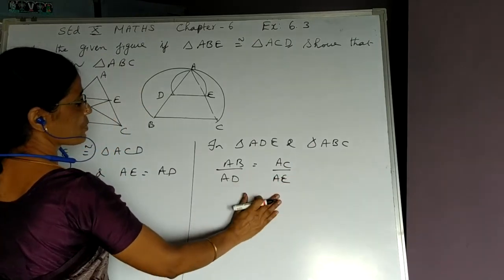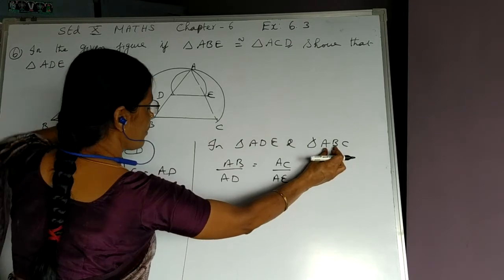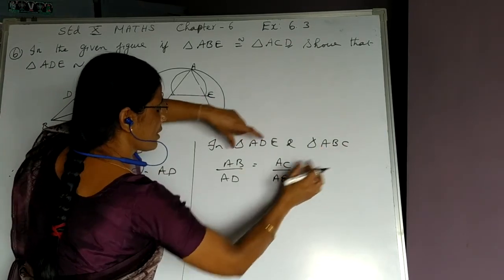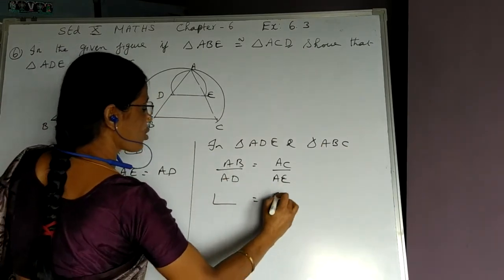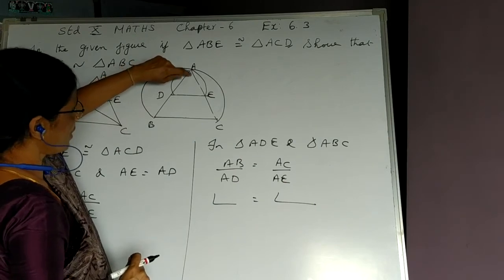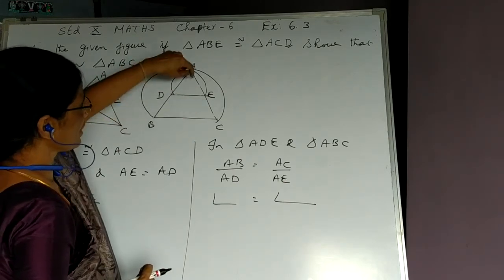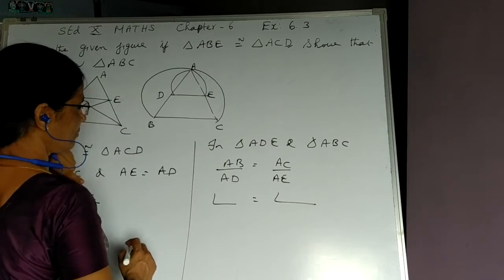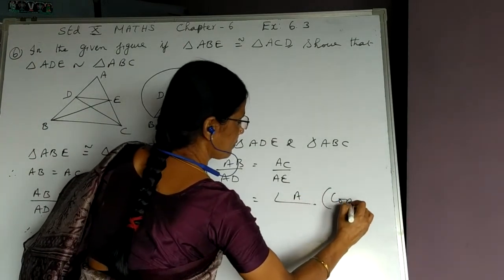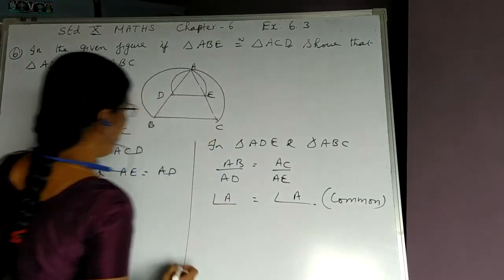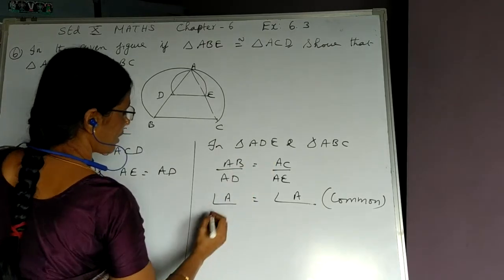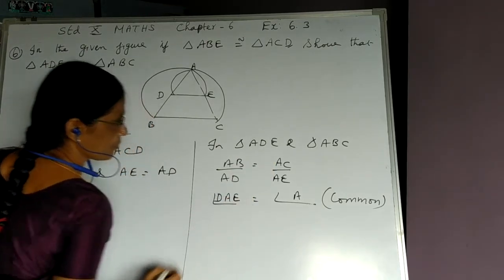Two pairs of corresponding sides are proportional. AB upon AD is equal to AC upon AE. Do you find any common angle in both the triangles? Yes. You find angle A common in the smaller triangle ADE. The same angle is present in triangle ABC also. This is common. How do you write angle A in this triangle? It is nothing but DAE.